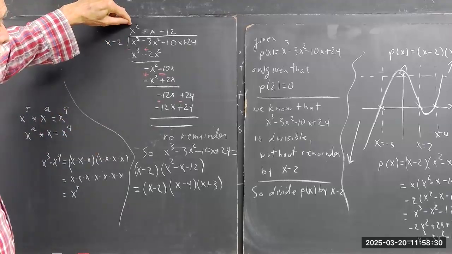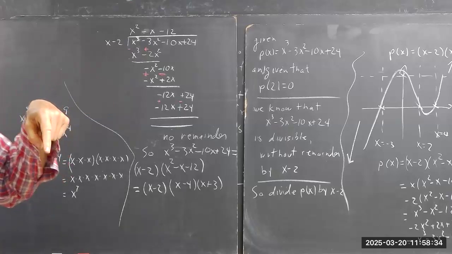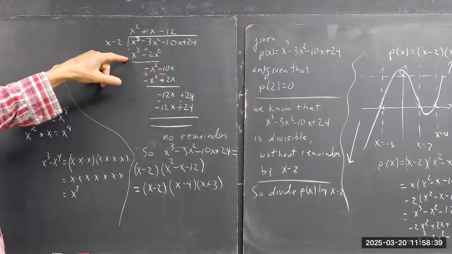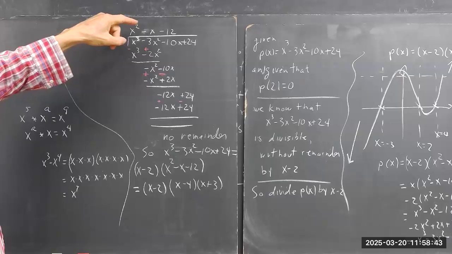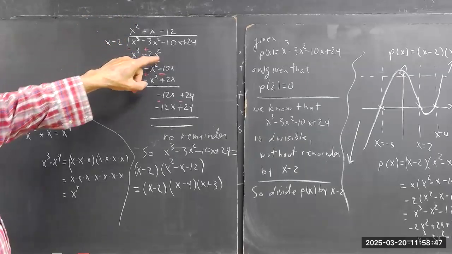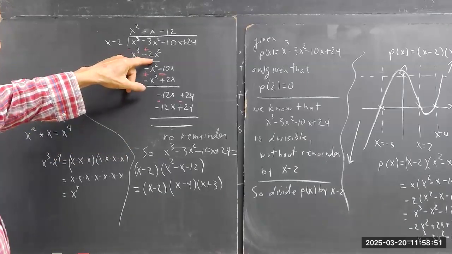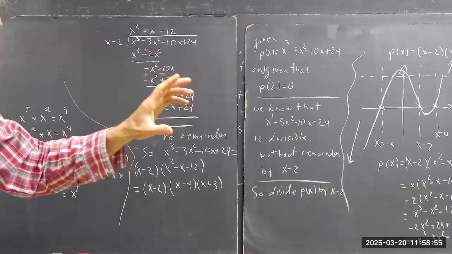If I have x squared up here, then I've already got my x cubed, because when I multiply x squared by my x, it's going to give me my x cubed. If I've got x squared here, it's also going to be multiplied by the -2, so it's going to have a -2x squared. Now I want to subtract the x cubed and the -2x squared from what I've got up here to see what I still need.